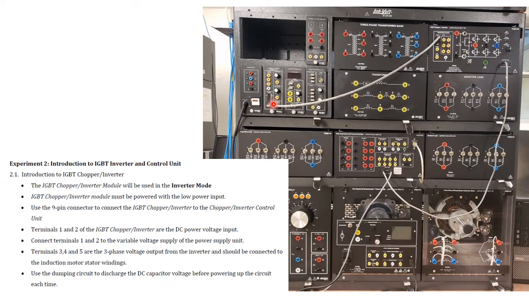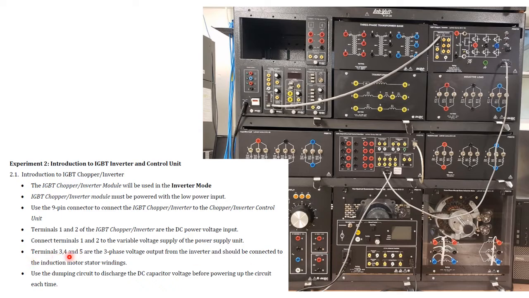Then terminals 1 and 2 of the IGBT inverter are the DC. This is 1 and 2. This must be connected to DC voltage, the variable voltage supply. Of course, the first one is variable.